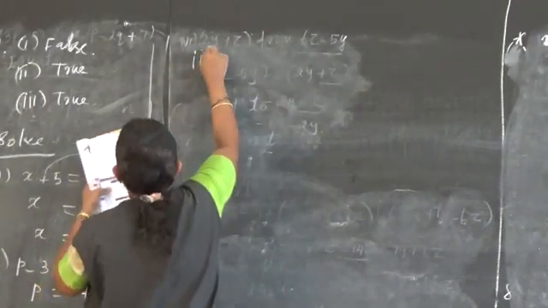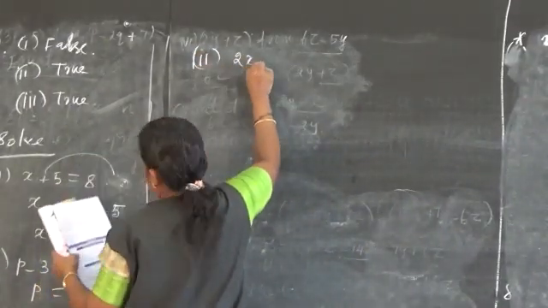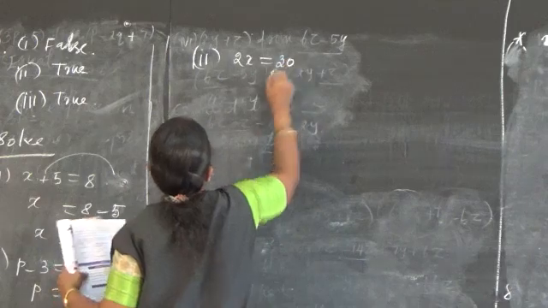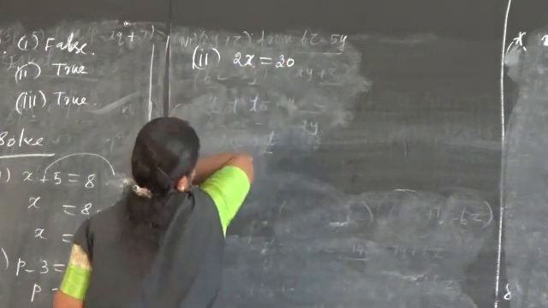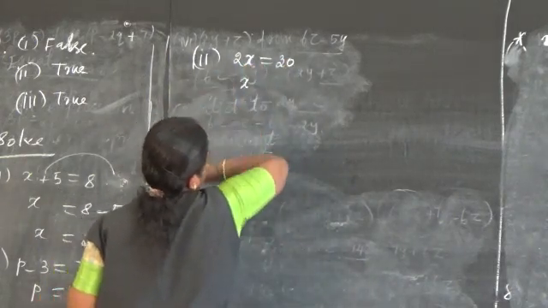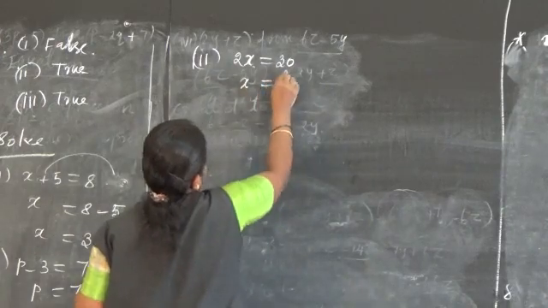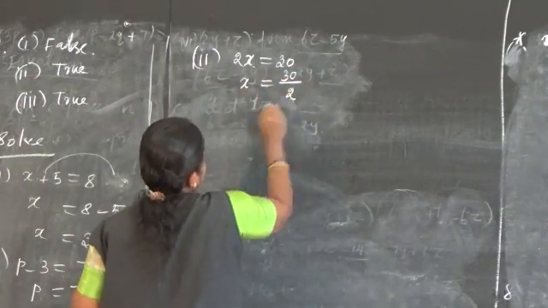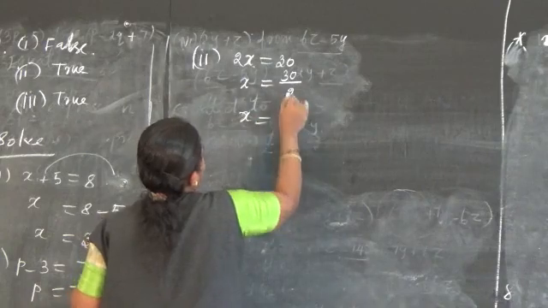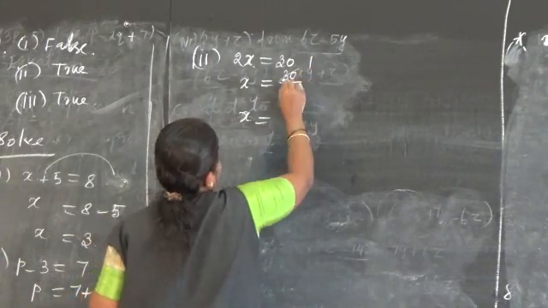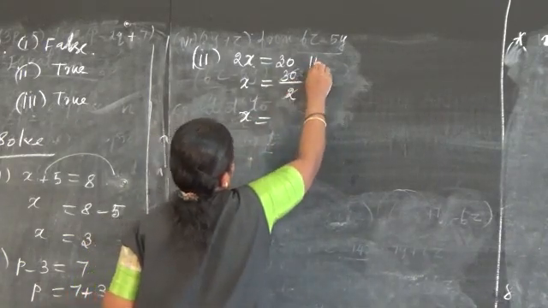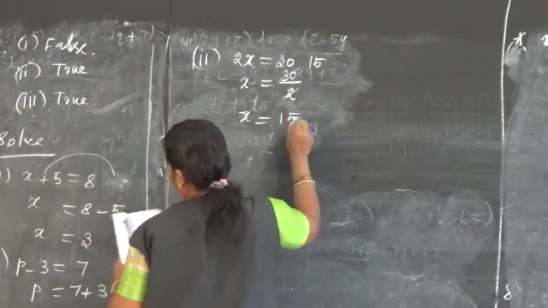Come to the third one, 2x equal to 30. Here multiplication is given to you, the coefficient 2 goes to that side as division. So 30 by 2, how many 2s are there in 30? 1 time, then remainder 1, 10, 15. So x equal to 15.